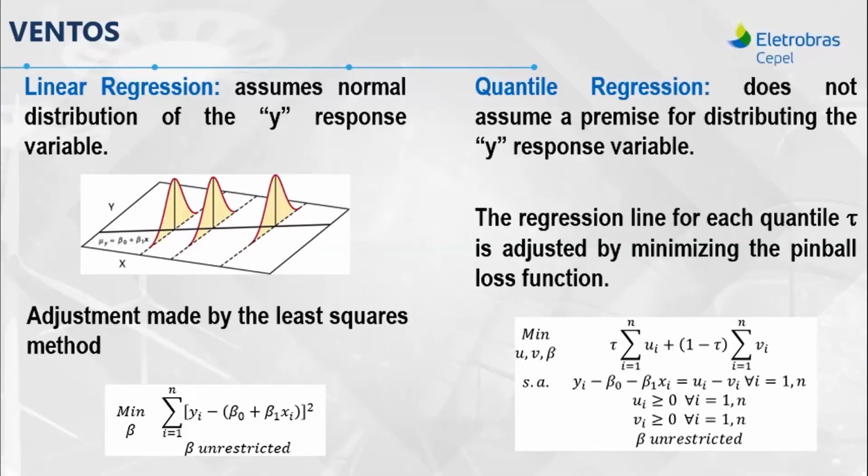Another difference is that in linear regression, we adjust the parameters by the least squares method, and in quantile regression, we adjust the parameters minimizing the pinball loss function.